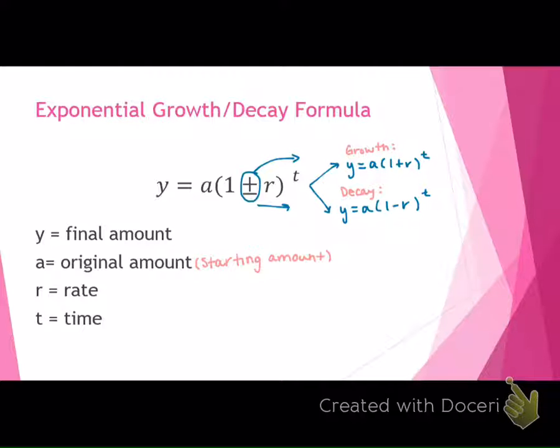Rates are always given as percentages, but can we write percentages into a formula or into a math problem and type that in? What must you always do with percents? Change to a decimal. So we change to a decimal by moving the decimal 2 to the left.